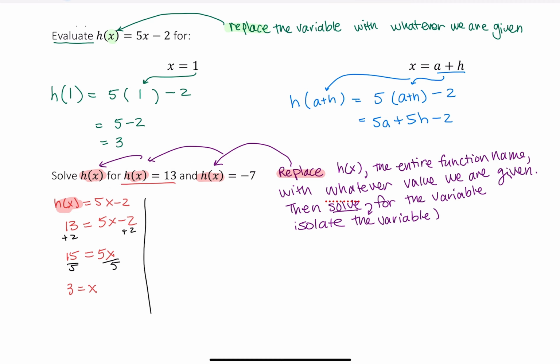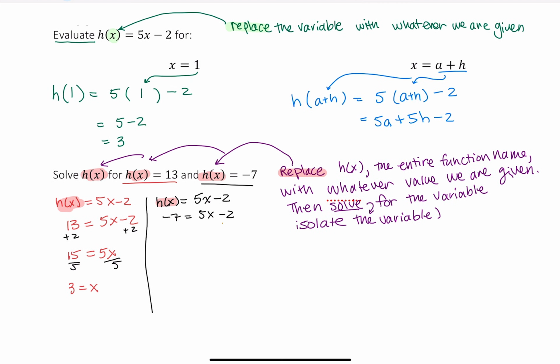Now let's do this again. And this time, let's go ahead and do this for h of x equals 7. So h of x, oh, and that's negative 7, excuse me, equals 5x minus 2. We're going to go ahead and replace this with the negative 7 equals 5x minus 2.